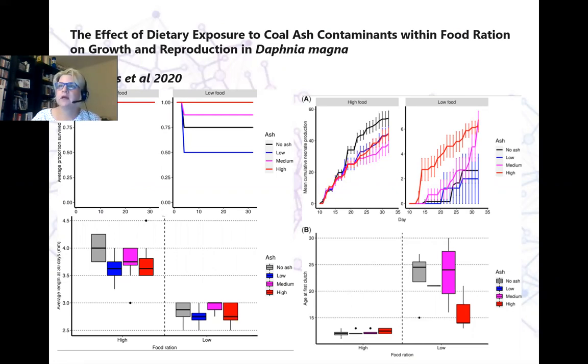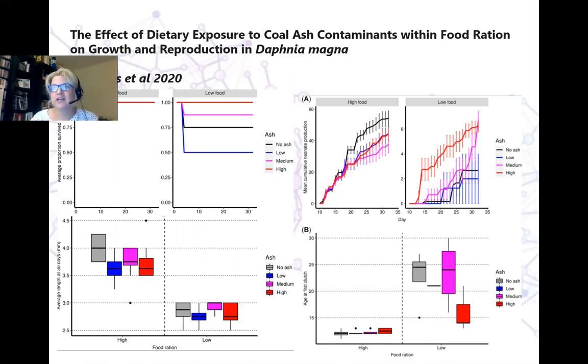What we found was that there were variable effects on survival only with the low food, and it was different than you would expect. With the no ash being right here, the high ash had the highest survival under the low food ration, and the lowest ash had the lowest survival, which was kind of interesting.